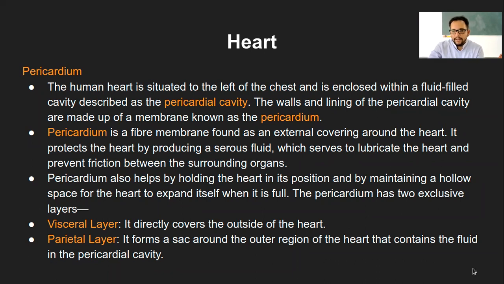When you go from the center of the heart towards the outside, the first layer that you will cross is the visceral layer, and then the outermost one is the parietal, which forms the sac around the outer region and contains the fluid we know as pericardial fluid within the pericardial cavity.